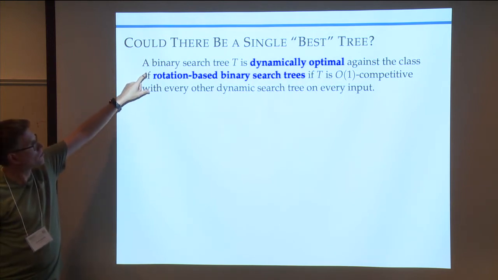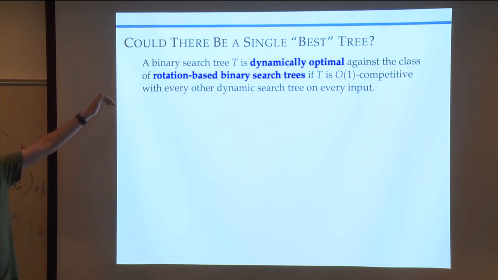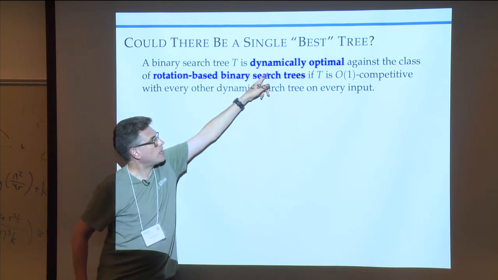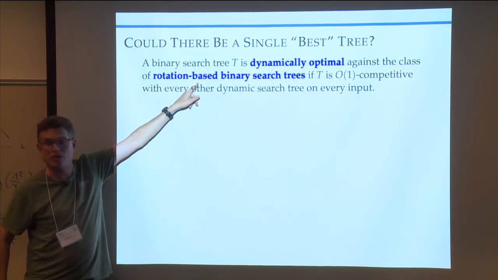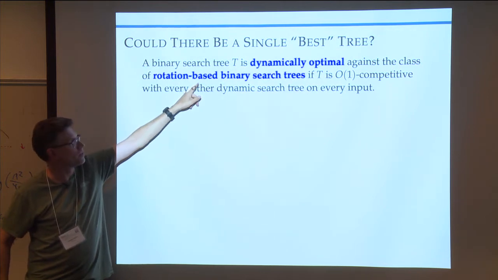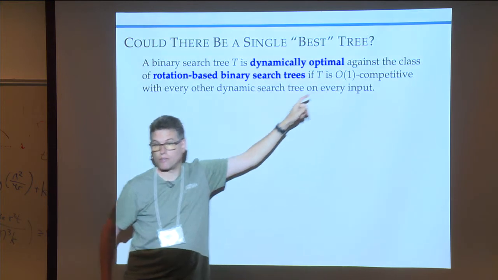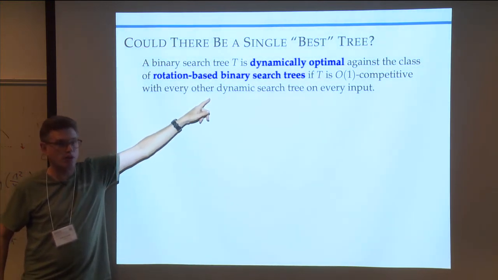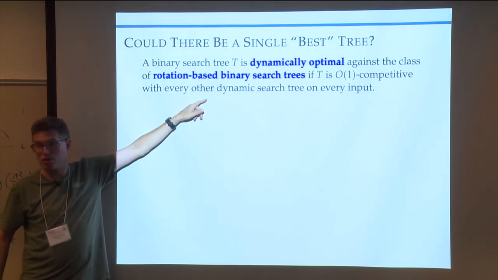And they formalized this by defining the notion of dynamic optimality. So a binary search tree is dynamically optimal against a class of rotation-based binary search trees if the tree is constant competitive with every other dynamic search tree from this class on every input.